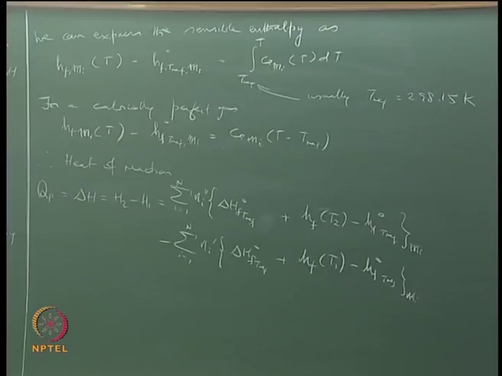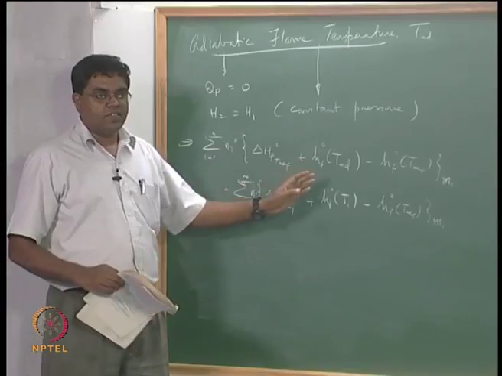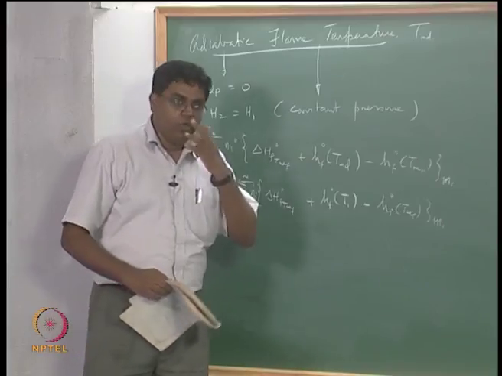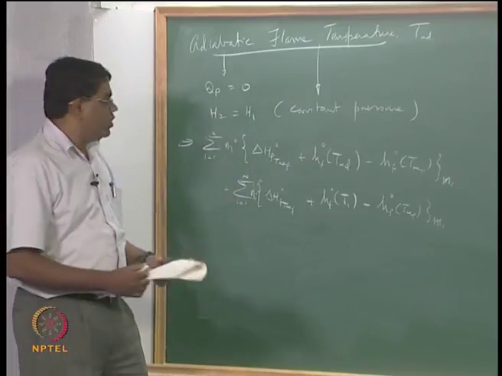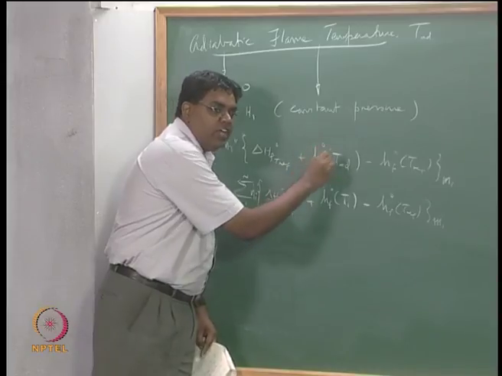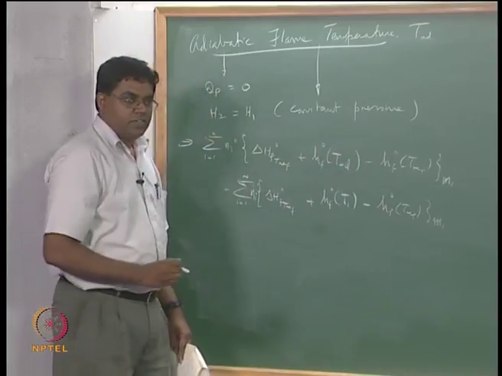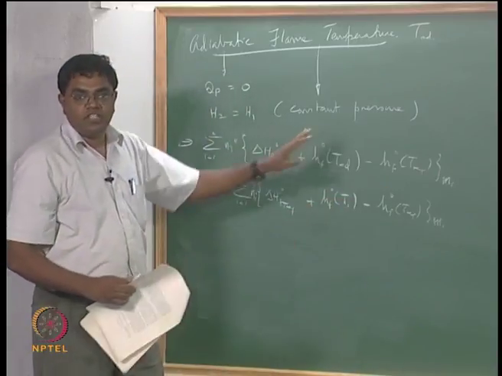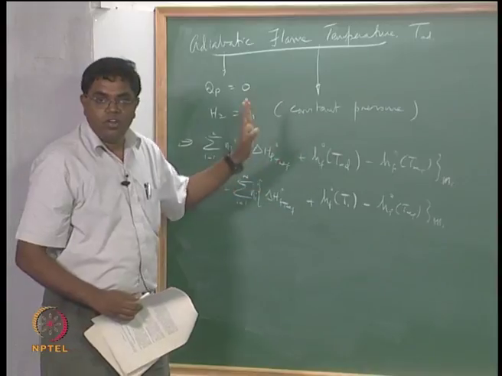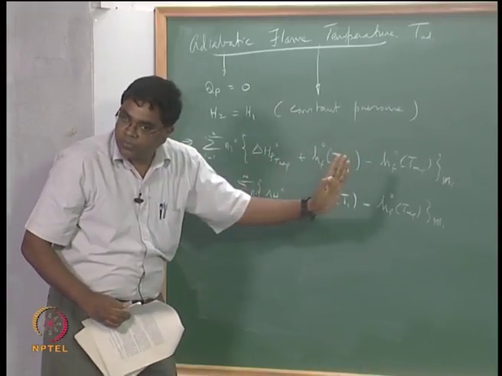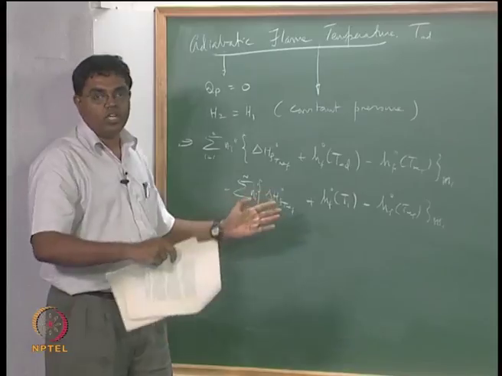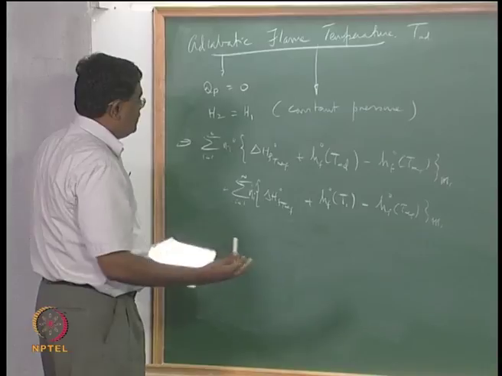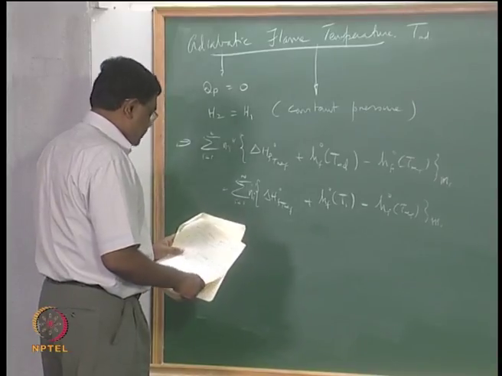If you want to get rid of all these hassles, and hopefully that's what you will face in things like exams, because you can do this very quickly, you assume a calorically perfect gas, which means you can simply say Cp_i (T adiabatic minus T reference), and here you're going to have Cp_i (T1 minus T reference). So T adiabatic is actually showing up linearly as opposed to a polynomial, and then you can just rearrange and get your temperature. So that's easy for a calorically perfect gas, but not otherwise.